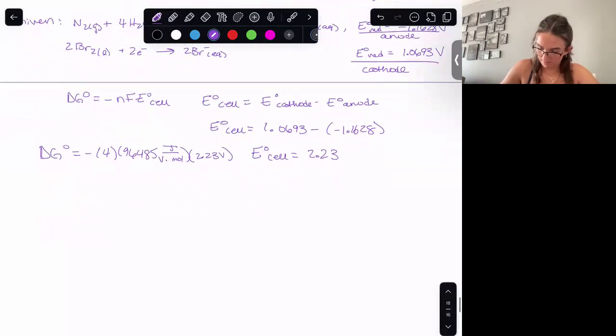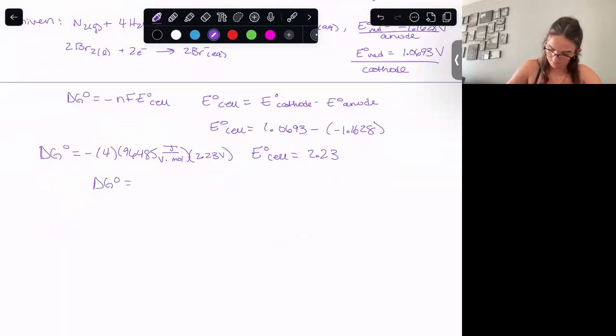So delta G should equal negative 861,456.57. This is in joules per mole.